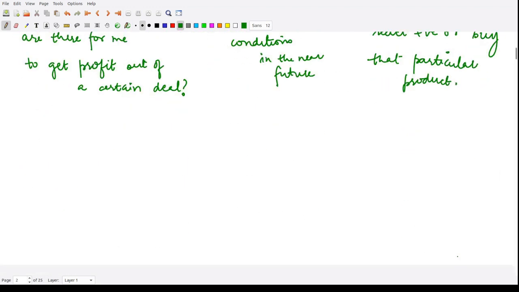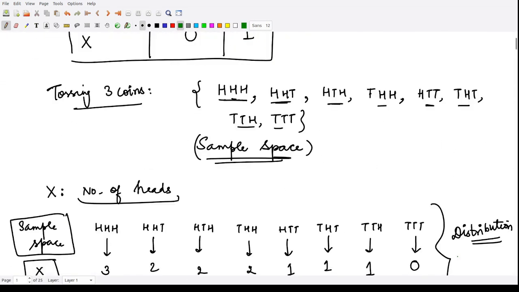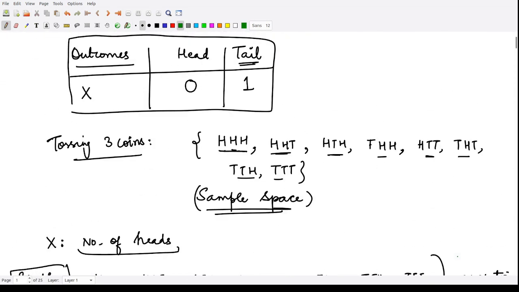Now, as I've told you about random variable, so let's see what it means. So random variable is basically, as I have told you, assigning values to the elements which are present in the sample space and providing them with a certain number. Right?